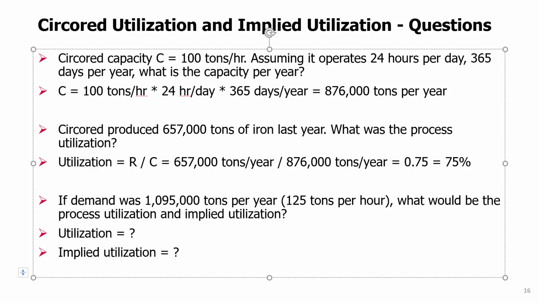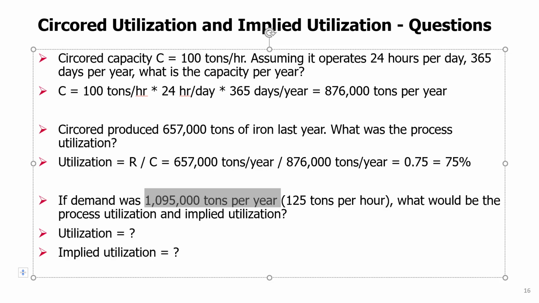Now, if demand in another year was 1,095,000 tons, which ends up being 125 tons per hour, what would be the process utilization and implied utilization? If we had this demand, the reasonable thing to do would be to try to satisfy it, assuming, of course, that selling the product is profitable.